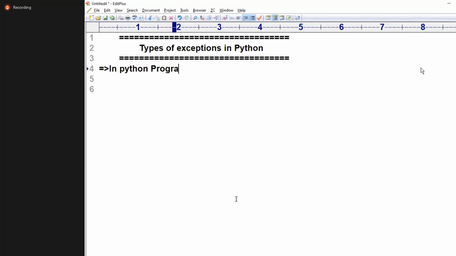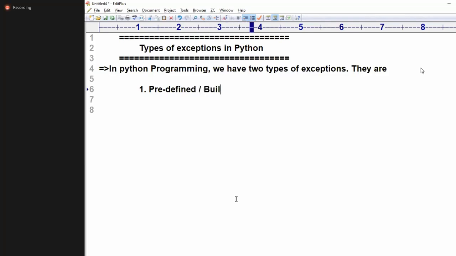So, in Python programming, we have two types of exceptions. Number one: predefined, also called built-in exceptions. Second one is called programmer-defined, user-defined, custom defined exceptions.